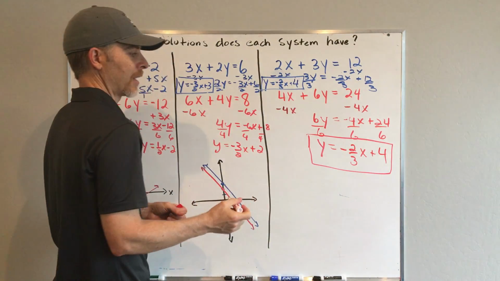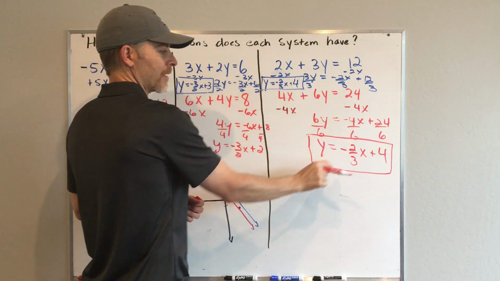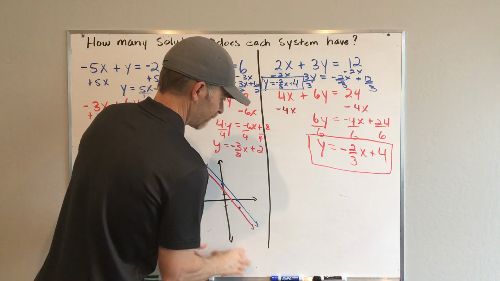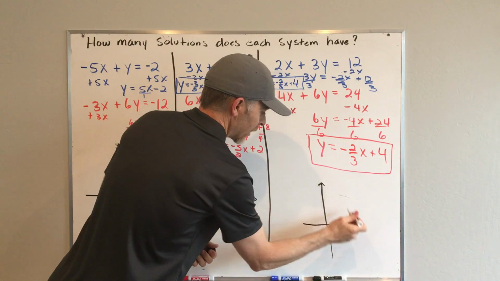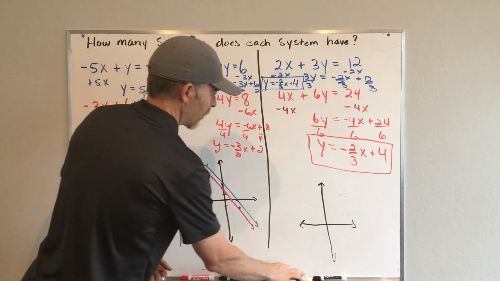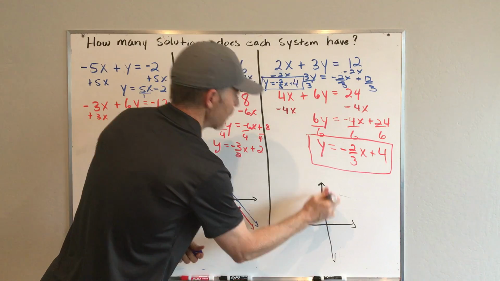Well, would you look at that? They're actually the same exact equation. So if I go and graph these, you're just going to end up with the blue line and the red line on top of each other. So our blue line, the y-intercept is at 4.